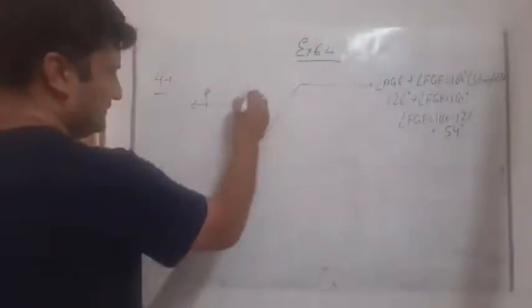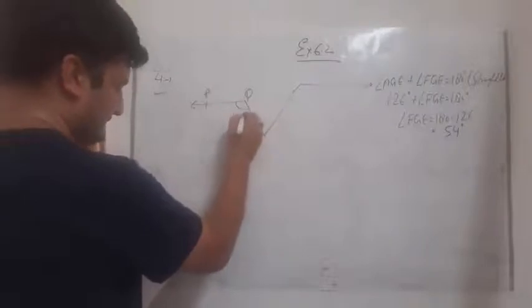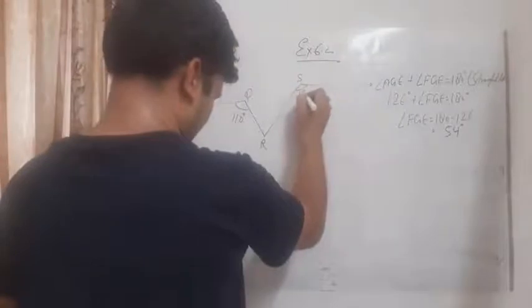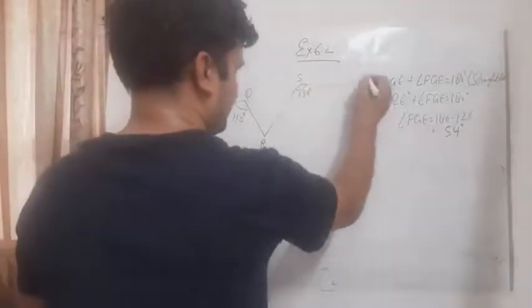This point is P, this point is Q, this angle is 110 degrees, this is R, this is S, 130 degrees, and this point is D. Now students, it is given that PQ is parallel to ST.